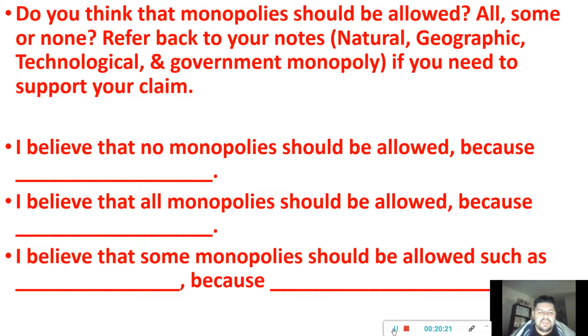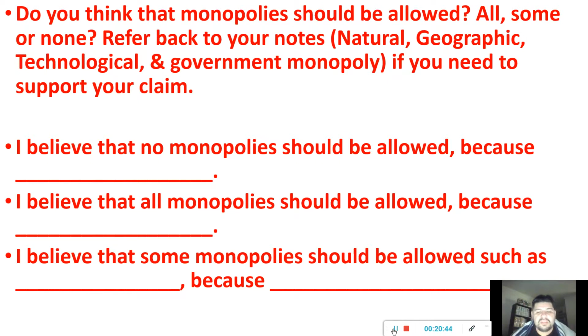If you say no monopolies, the writing prompt is right there on the top: I believe that no monopolies should be allowed because, and explain. If you say all of them should be allowed, write: I believe that all monopolies should be allowed because, and explain. And again, if you say some of them should, maybe one or two, there you go.